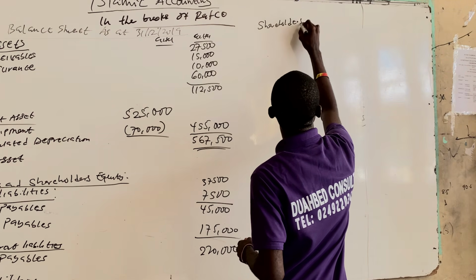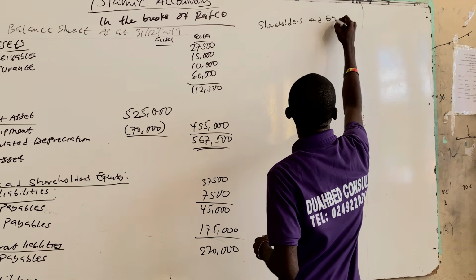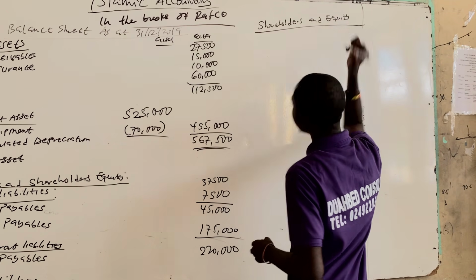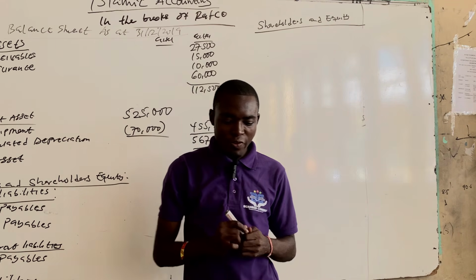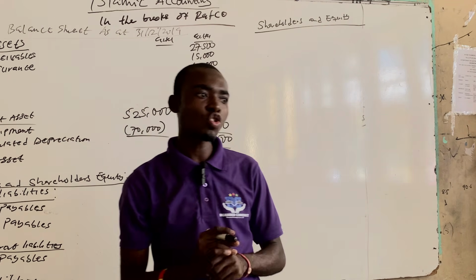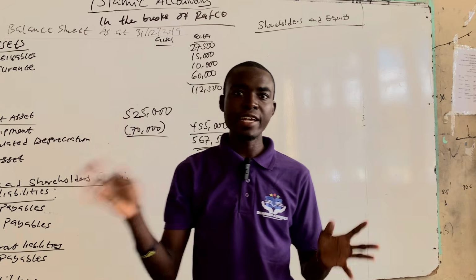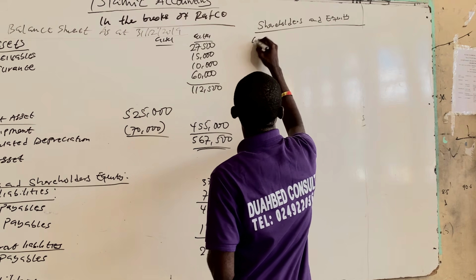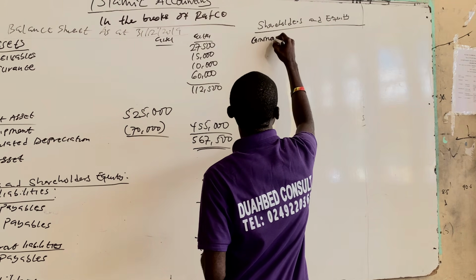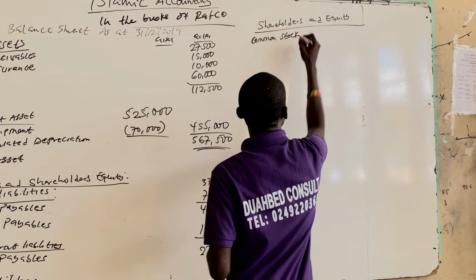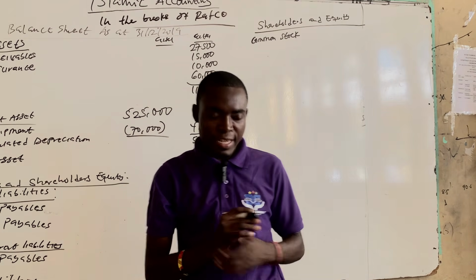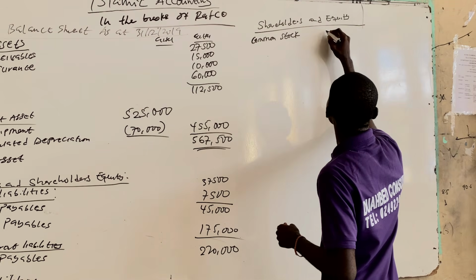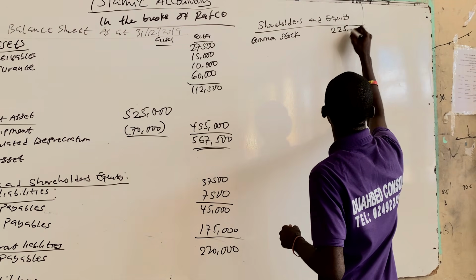The first item that we report is common stock, which is the same as shares or stated capital. The amount for common stock is 225,000.